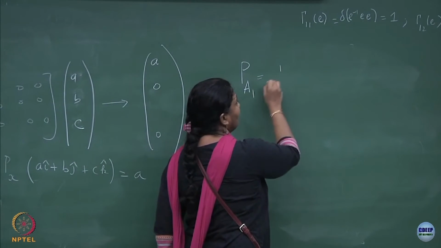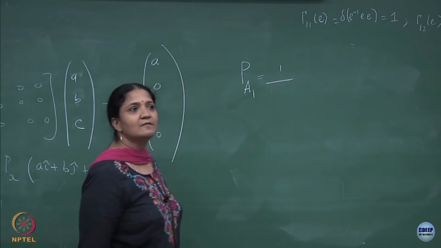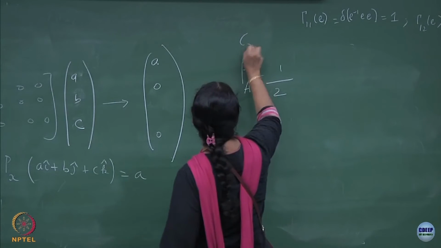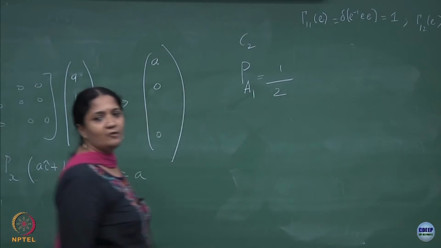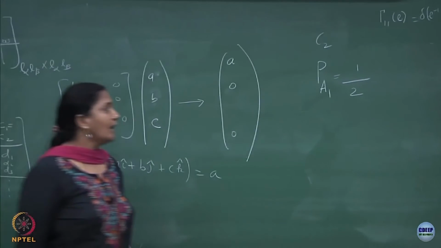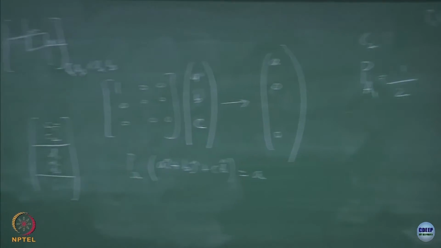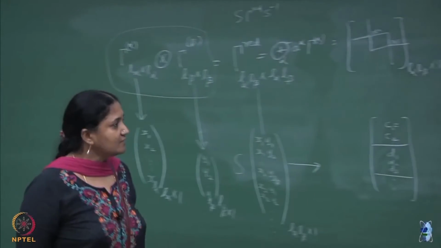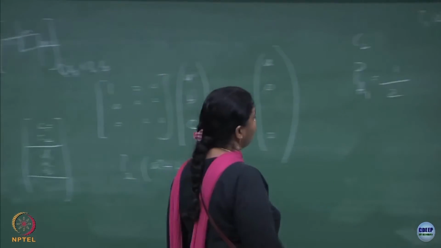So, you will have 1 over the order of the group, which is 2. Let us do it for the C2 group, okay. The order of the group is 2 and the characters are 1 and 1 for A1, it is a unit representation. So, let us write that.